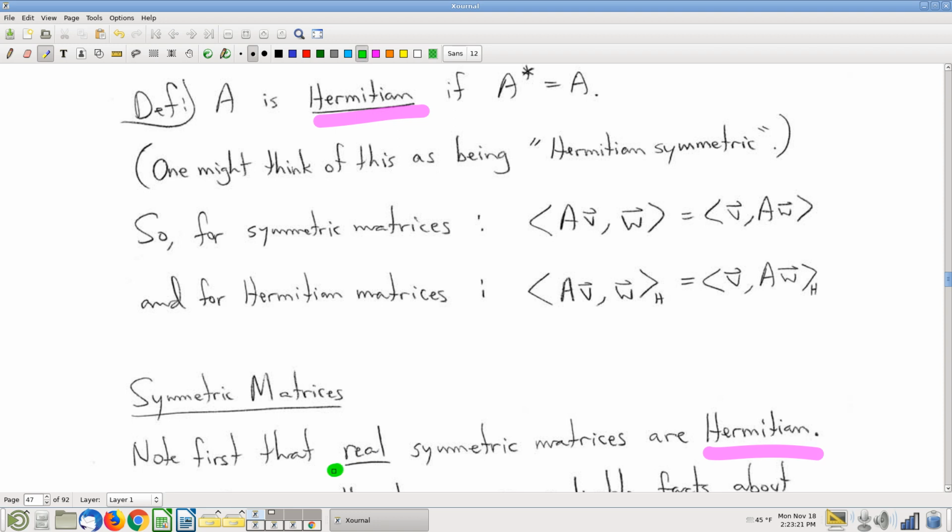Well, if it's real, then it is its own conjugate. And if it is symmetric, then it is its own transpose. So if you have a real symmetric matrix, its conjugate transpose is just itself. Thus the matrix is Hermitian.